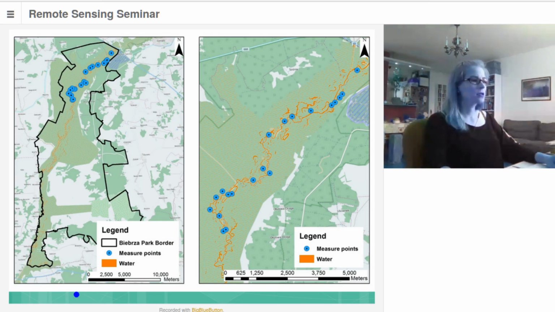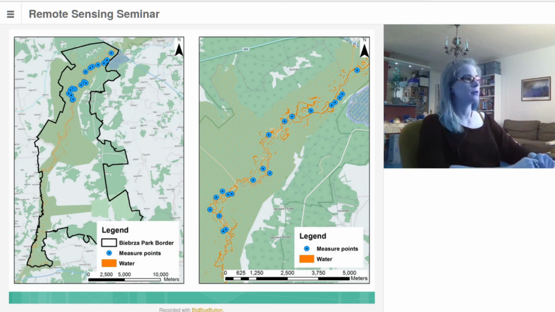This is the Biebrza Park border. There are three parts of the Biebrza River: the lower basin, the middle basin, and the upper basin.